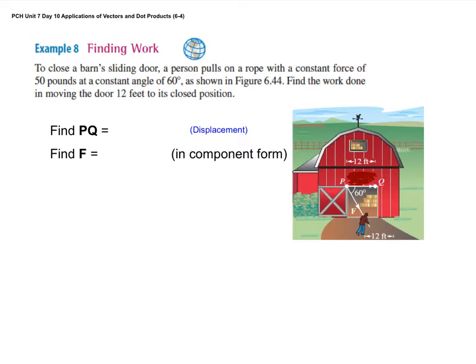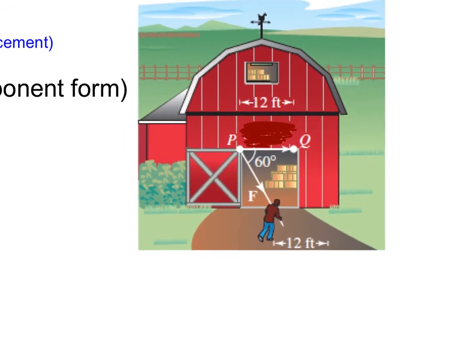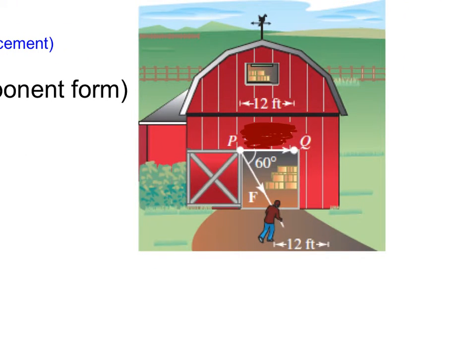Let's say the door is 12 feet wide, so you need to move that door 12 feet. So we could see our displacement vector as going 12 feet to the right and 0 feet up or down. We don't want our door to move up or down, so it's just moving horizontally.